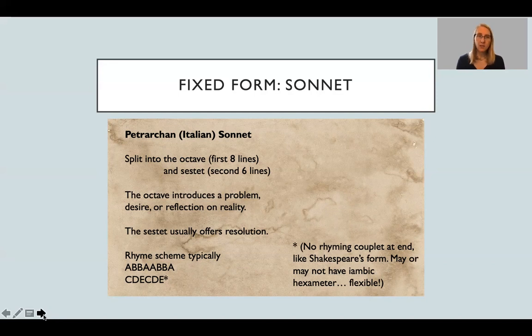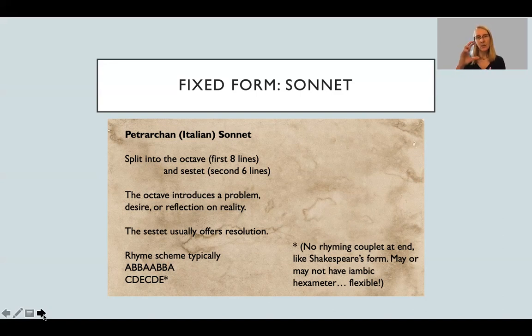In a Petrarchan sonnet, it's usually split into two sections, even though there's not a stanza break. We have what's called an octave, or a grouping of 8 lines, that's followed by a sestet, or a grouping of 6 lines.